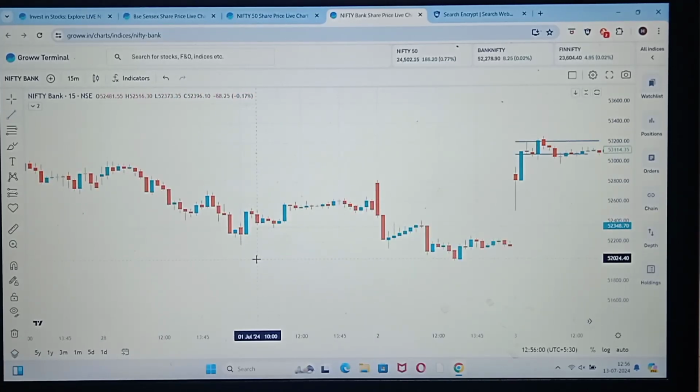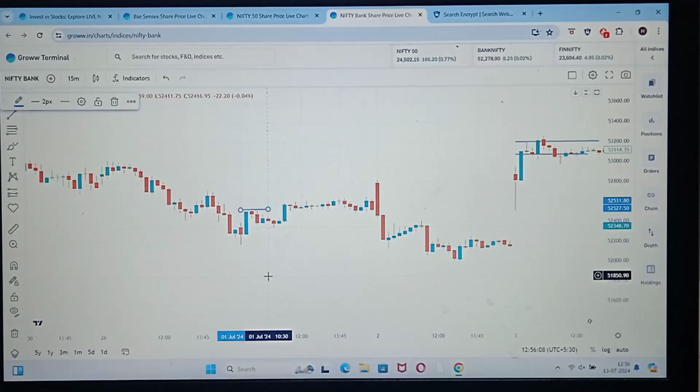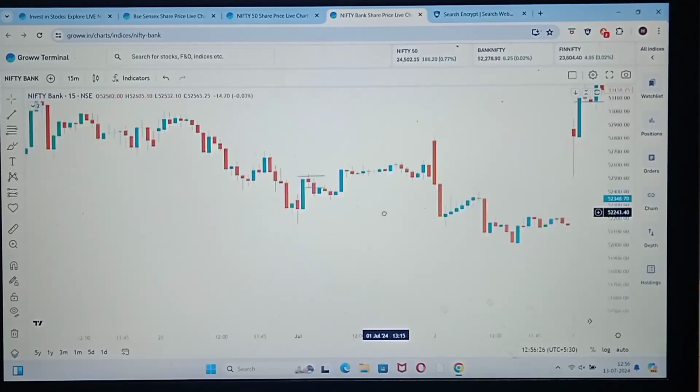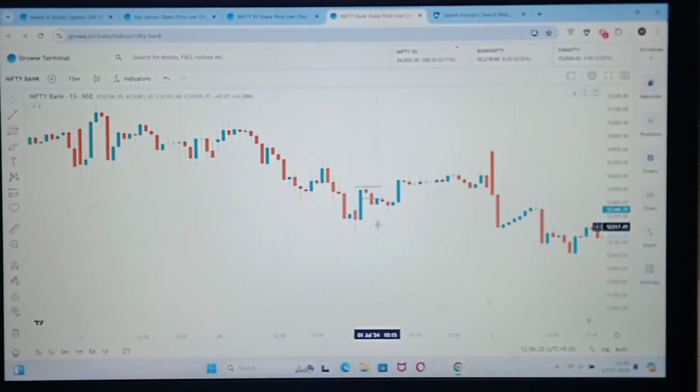So 1st of July you can see clearly 9:45 candle, this small red candle, kind of doji candle, big wick, small body. So you can see here it is the low of 9:45 candle broke at around 52,441 mark.